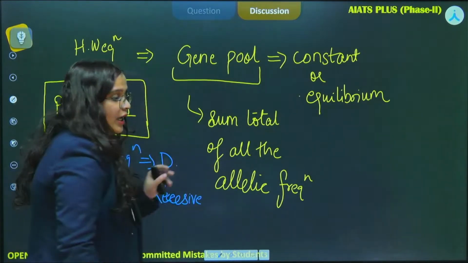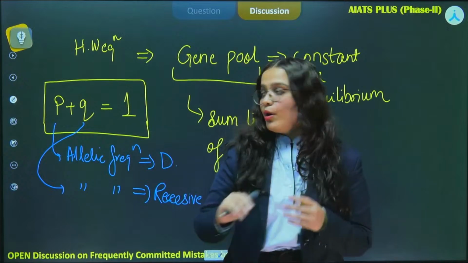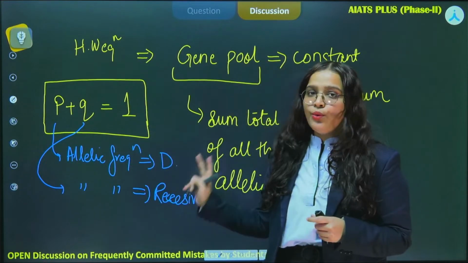So the sum of P plus Q in a population should be equal to 1.